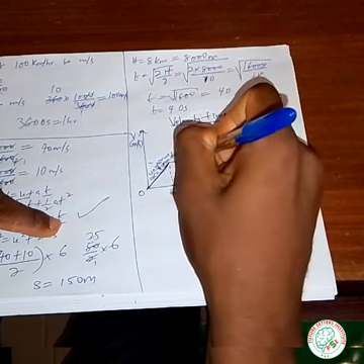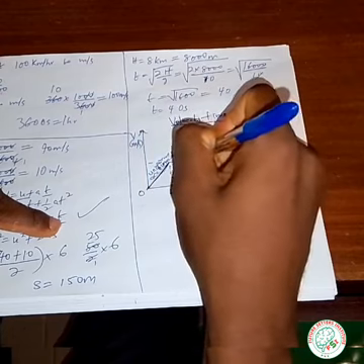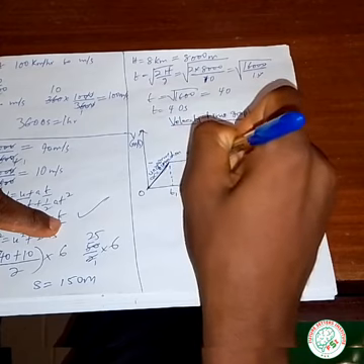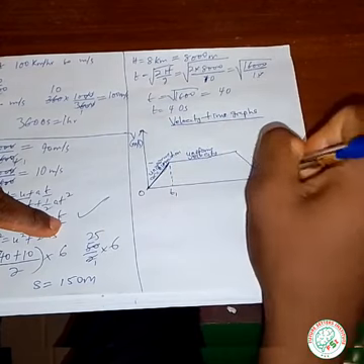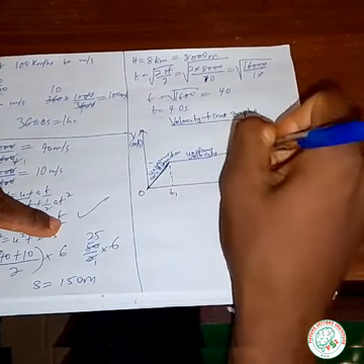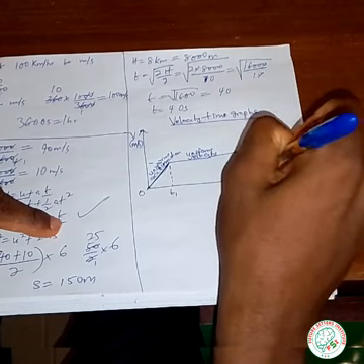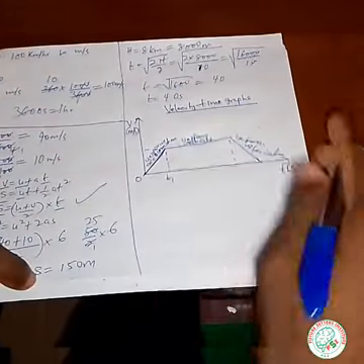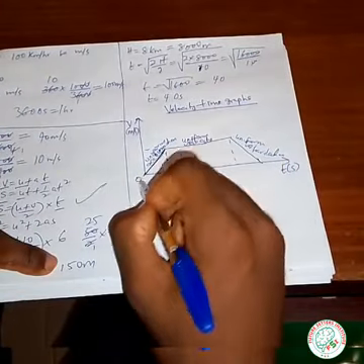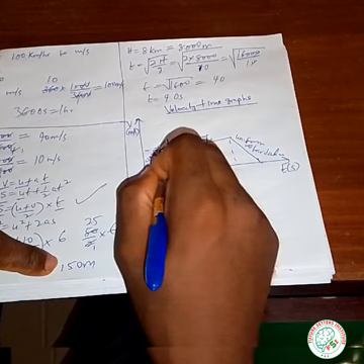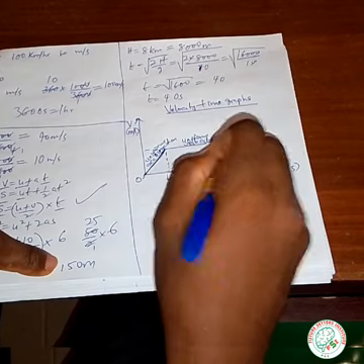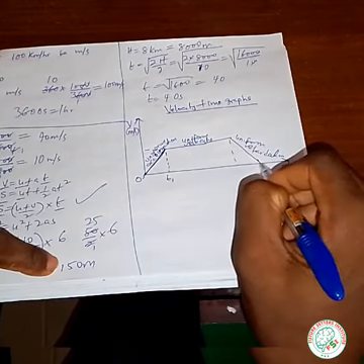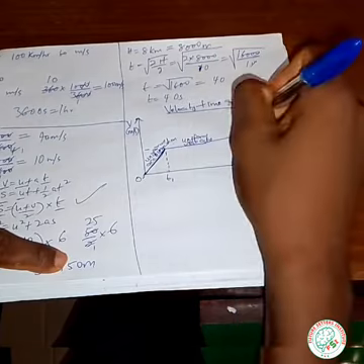Then this place has a uniform velocity. Then the body has a uniform retardation. Retardation has to do with deceleration, the body going back to rest, like when you apply brakes. So I'll go again: it accelerated uniformly from rest, had a uniform velocity, then had a uniform retardation. So that's point 1.